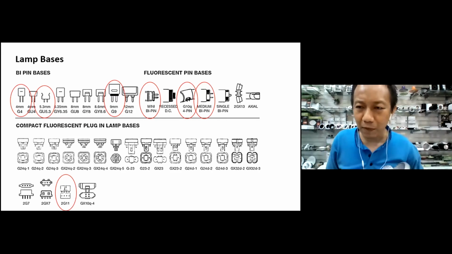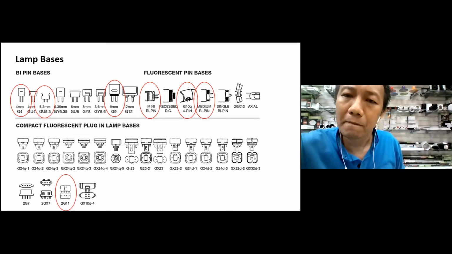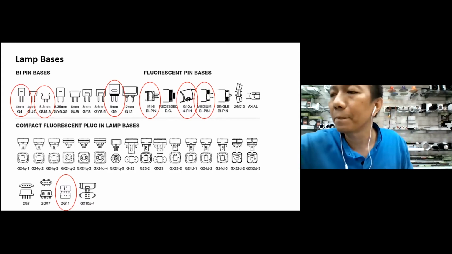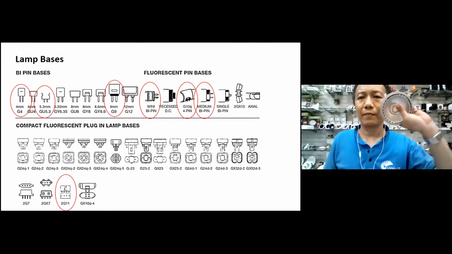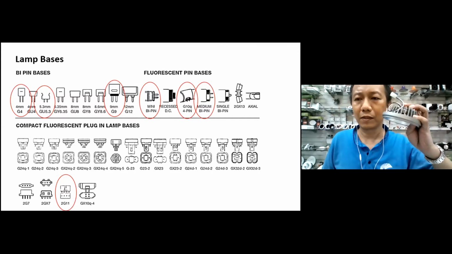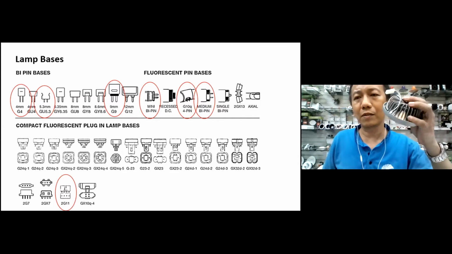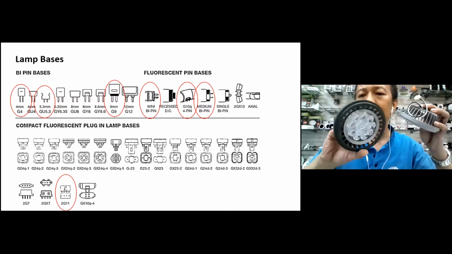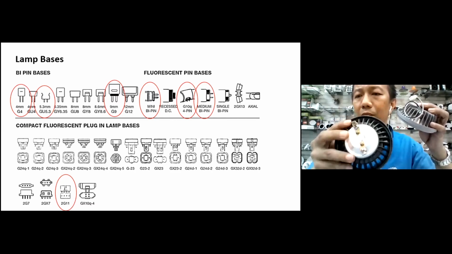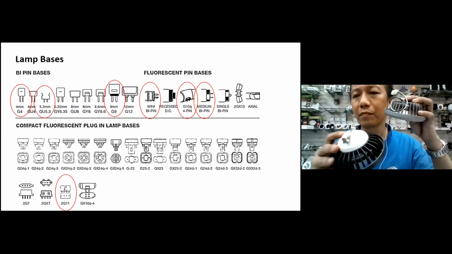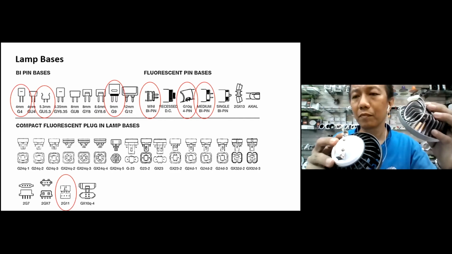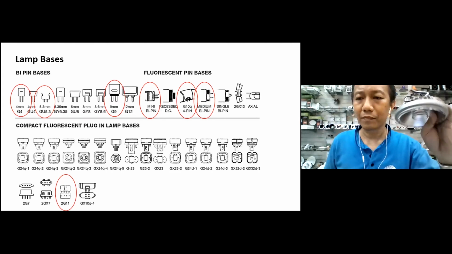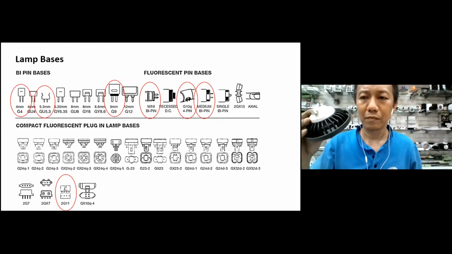You can also tell them that one is 12 volts and the other is 220. The difference between the 12 volts and the 220 is that the 12 volts we can dim, we can use a dimmer. With direct 220 we can't dim it, except if the bulb is dimmable.